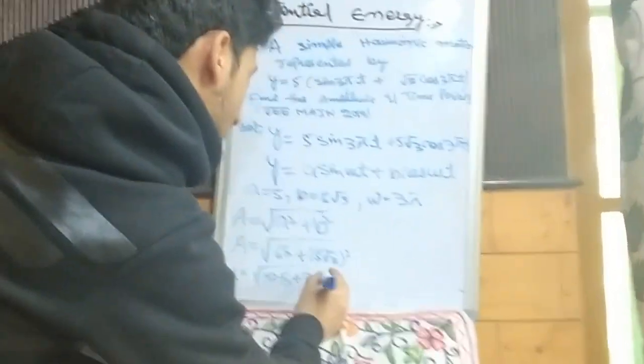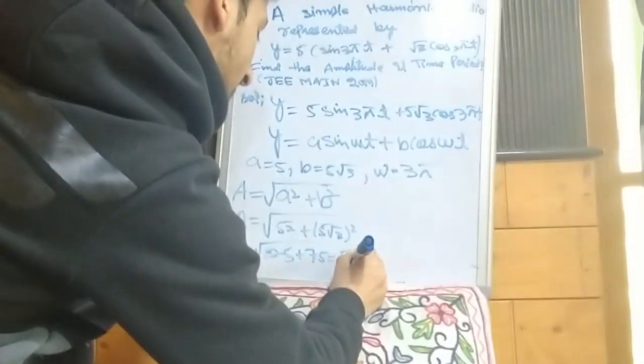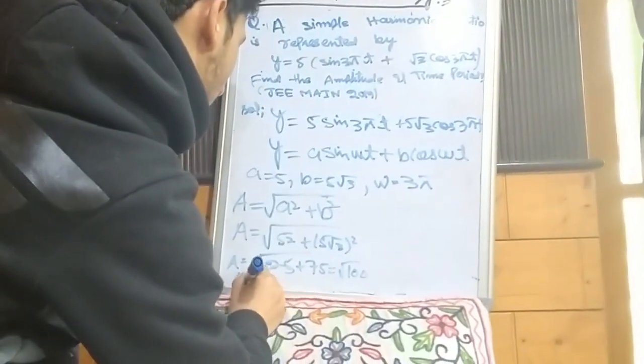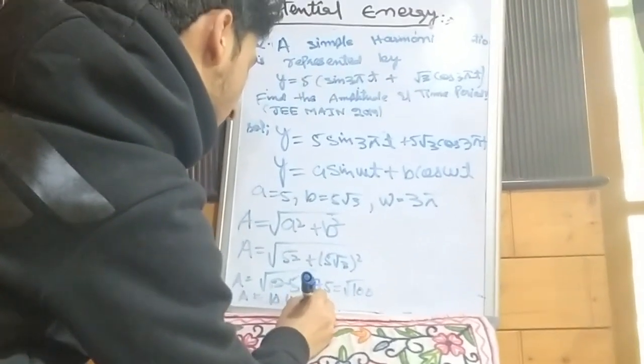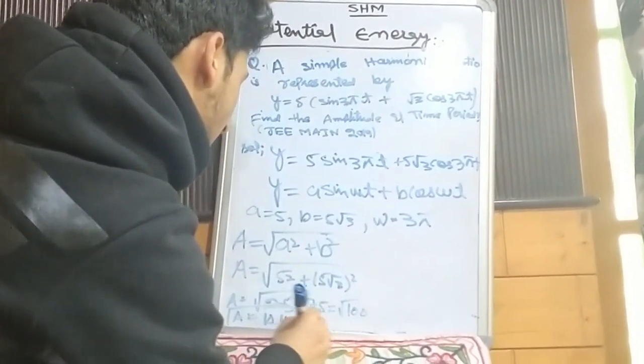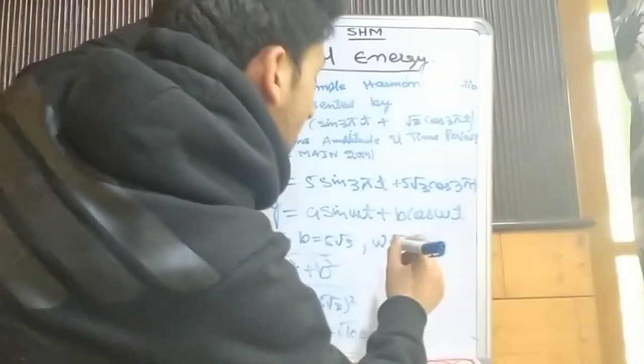So this will be under root of 100. So amplitude is equal to 10 units.